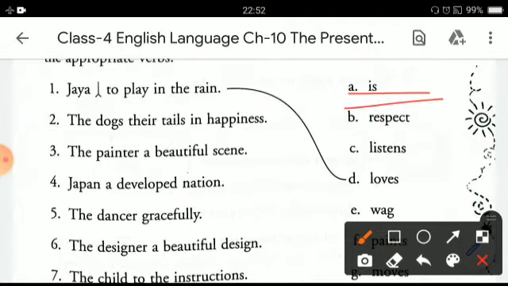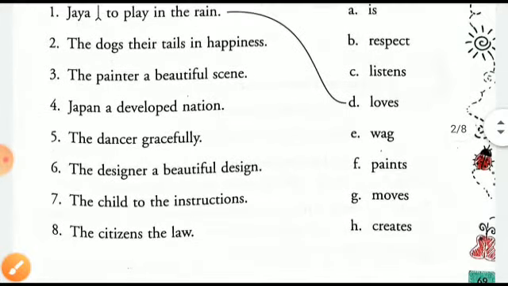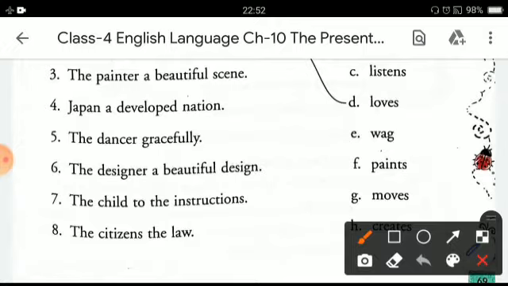The dancer dash gracefully. And the verb that is missing is moves: the dancer moves gracefully. Sixth one, the designer dash a beautiful design. And the missing verb is creates. The designer creates a beautiful design.